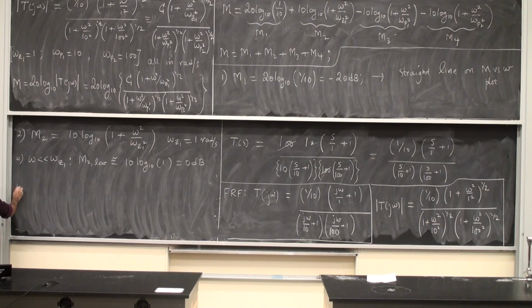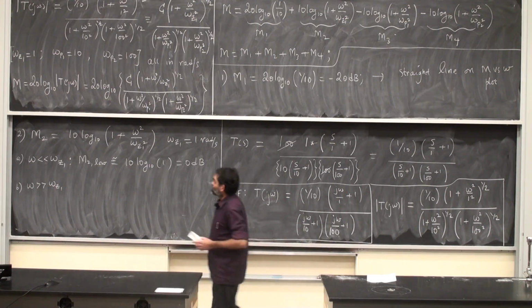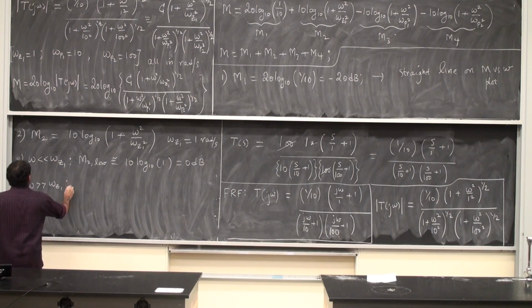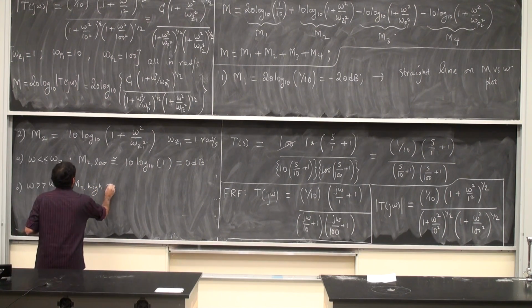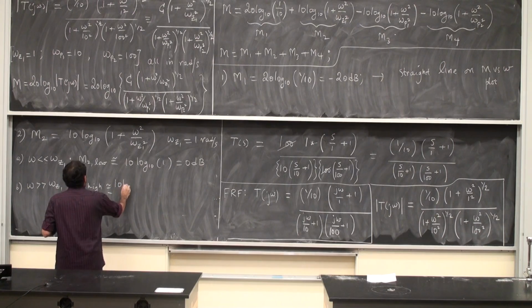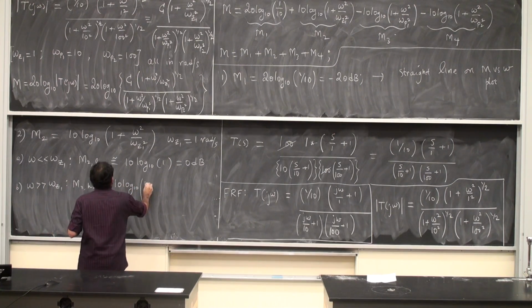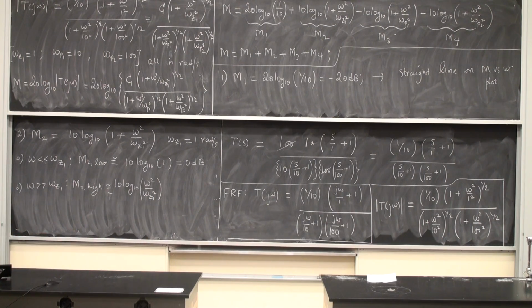Likewise, for very large values of omega, this is now going to give me the high frequency asymptote. So this is M2 high. Omega square by omega z1 square is much larger compared to 1, so this is 10 log 10 of omega square by omega z1 square.